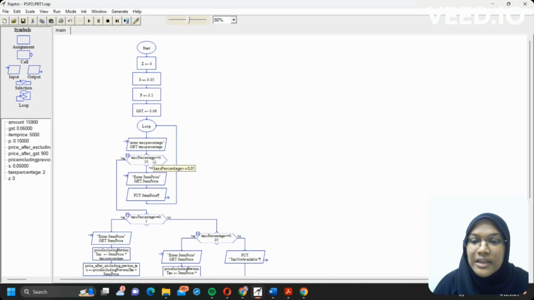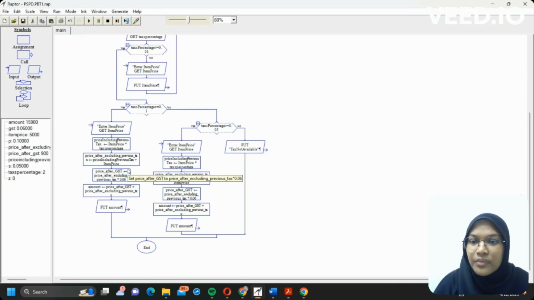If the tax percentage was not greater or equal to 0.01, it will go to the no sign and input the item price, then output the item price and go back to the loop, and then enter again the tax percentage until the command says yes.